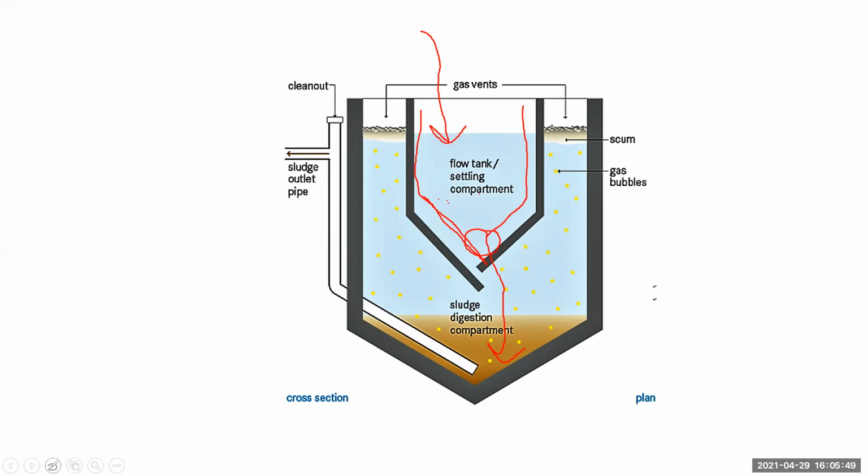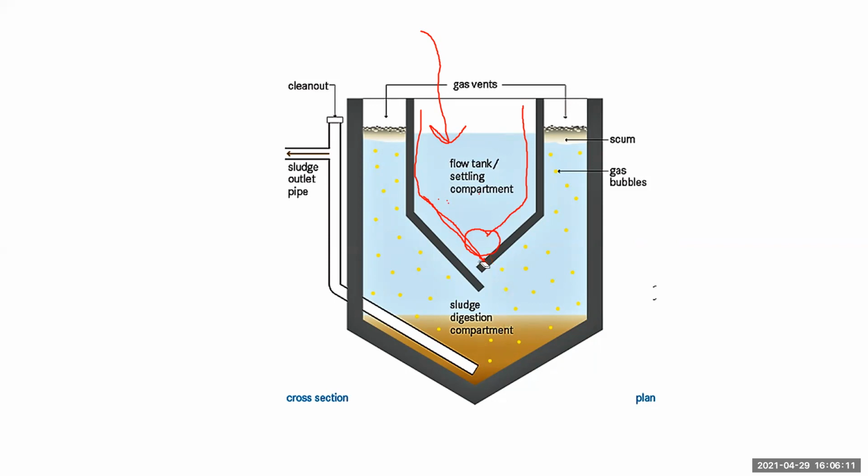First the effluent, the sewage, comes into the upper chamber. The solid particles which settle down in the upper chamber flow down through the slot into the lower chamber, which is called the sludge digestion chamber.